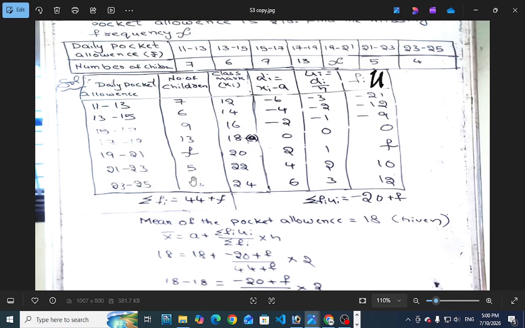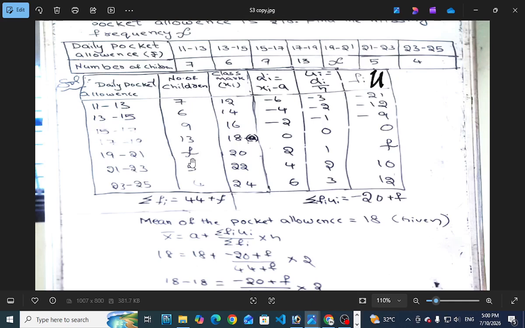Then 21 to 23, 5 children; 23 to 25, 4 children. So here we have the class intervals and the frequencies. By using these, we have to find the number of children for 19 to 21 rupees.